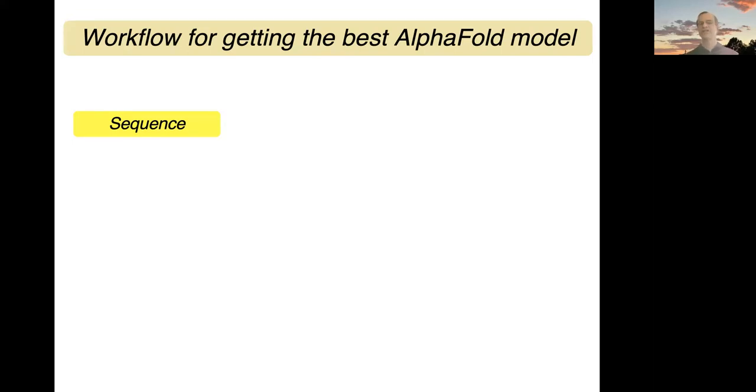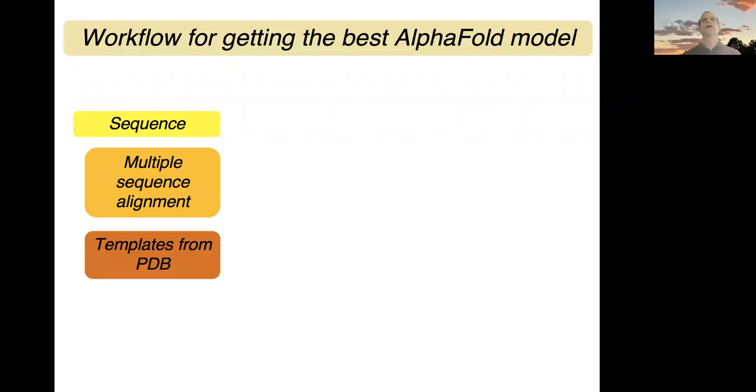So we have our sequence, and we have our multiple sequence alignment, which we can make ourselves, or we can let the program do it for us. We have templates from the PDB, potentially, and we have templates that we have created. And maybe at the beginning, we don't have any of those, but maybe we do. Maybe we already have a model that we've built, and we're just trying to make it better.